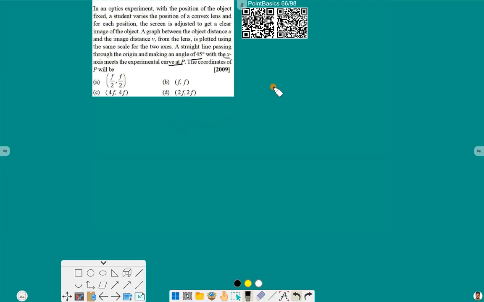So as per the statement, we have to plot a graph between v and u for the same lens. And if the lens is the same, it means focal length is constant here. So from the lens formula, we can write that 1 by v minus 1 by u is equal to 1 by f. And from this, we can form a relation that v is equal to u times f by f plus u.